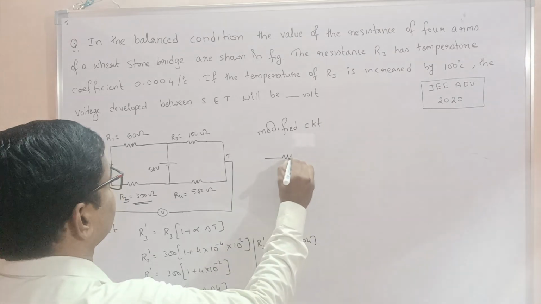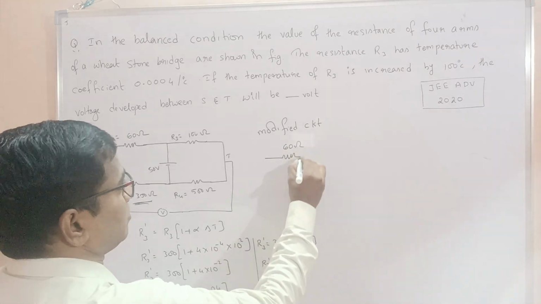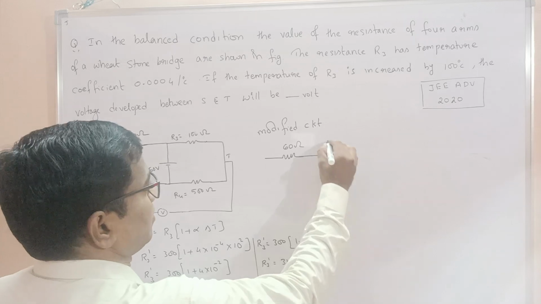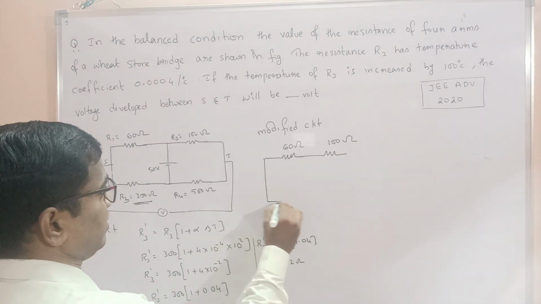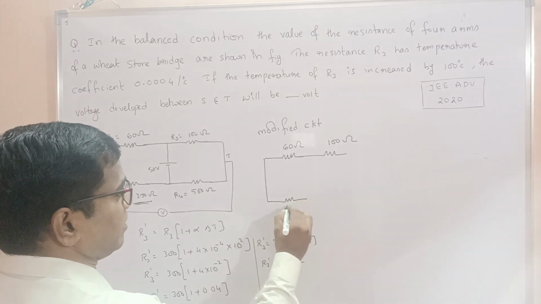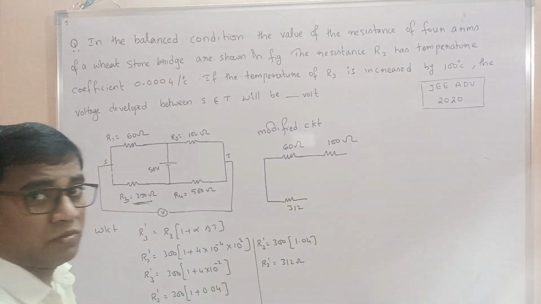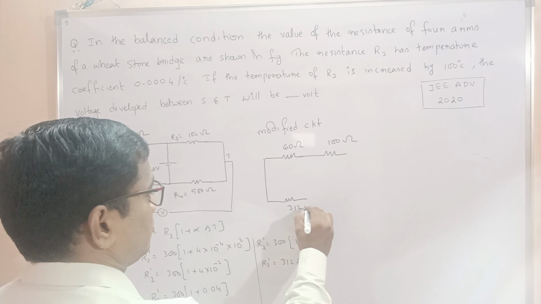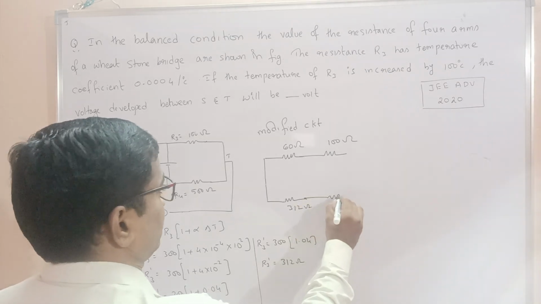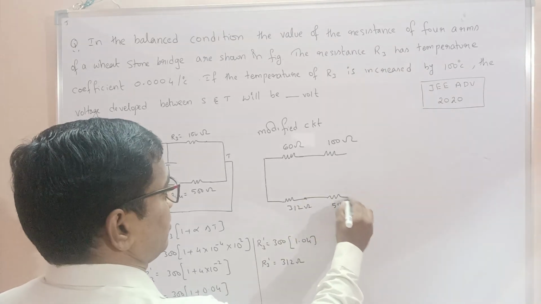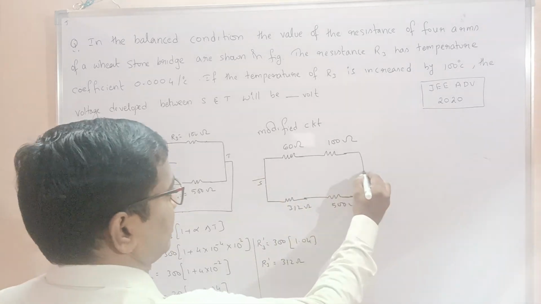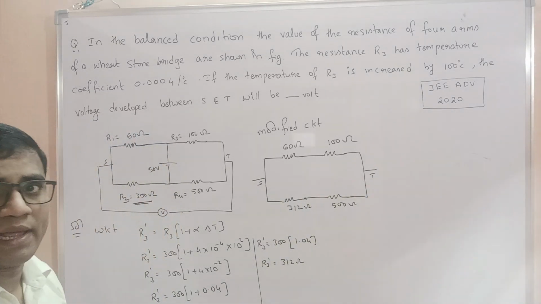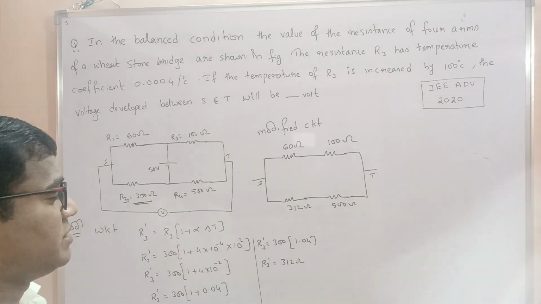Here it is given as 60 ohm, and here it is 100 ohm, and here initially it was 300. Now it becomes 312, and here it is 500, and here it is S and here it is T. We have to calculate the potential difference Vs and Vt.